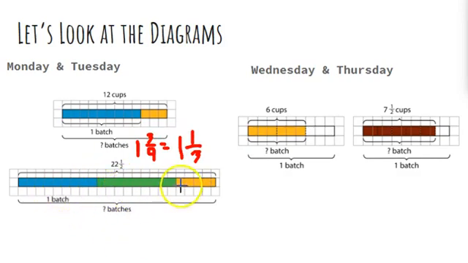What about the 22 1/2? Again, we're still using 9, right? We have 2 full 9s, and then we have something left over here. We've got 9, but we have only a part of what we need, right? We have 4 1/2 of that.